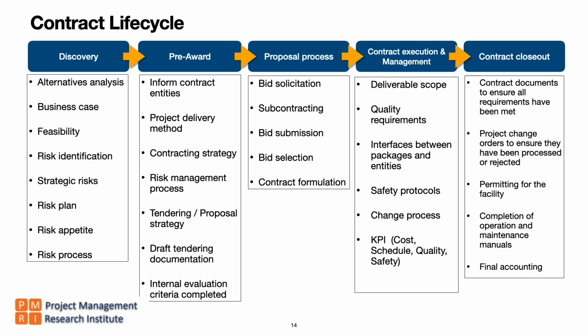Here it is bid solicitation or request for bids, then finalize the subcontracting, then the contractor, along with the subcontractor, submit the bids, and based on the evaluation criteria, which is already defined in the pre-award phase, we do the bid selection and the contract is formulated.